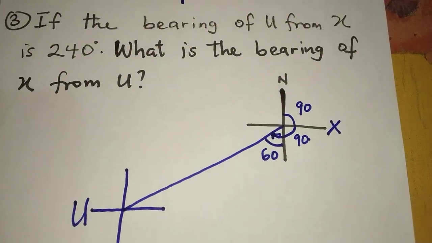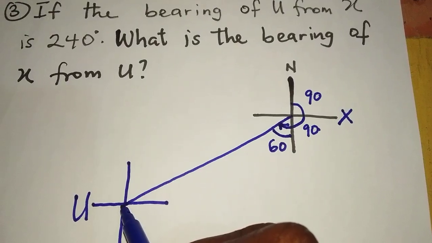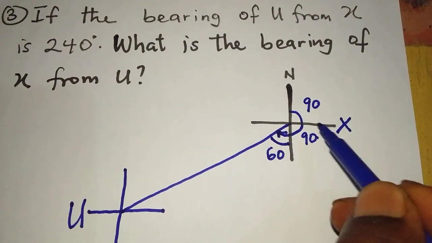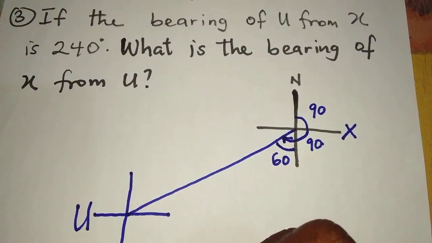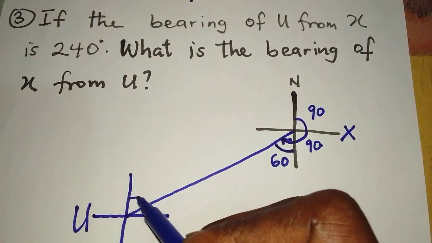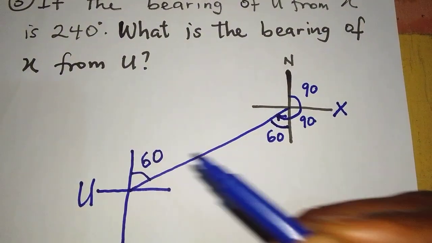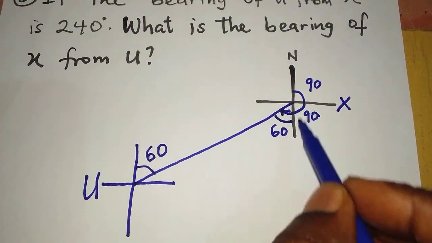So that means this line is going to fall on the first quadrant in this place. The vertical line is parallel to this vertical line here. So if this is angle 60, this also will give you angle 60. You have something like Z, that's an alternate angle.